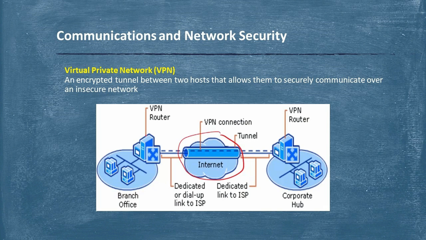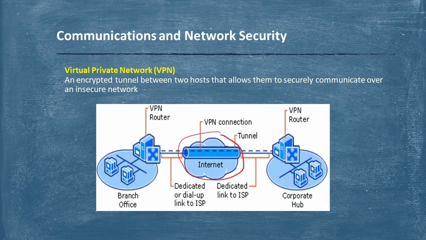The purpose of VPN is an encrypted tunnel between two hosts, this and this, that allows them to securely communicate over the insecure network. The internet is insecure. You cannot trust it. It is not a trusted network. So you build a tunnel which makes it as if it is a private network.